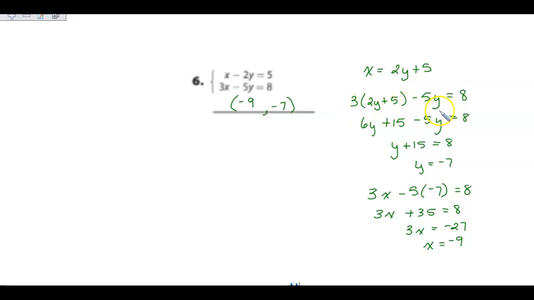And then we combine like terms. So I get y is negative 7. Then I take my y is negative 7 and I plug it into the same equation. So I have 3x minus 5 times negative 7 equals 8. Simplify that and I get x is equal to negative 9. So my ordered pair is negative 9, negative 7.